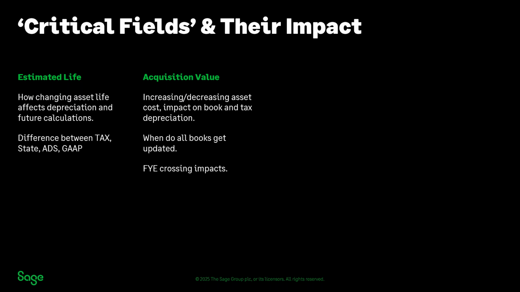Well, you really have to think about how is that going to impact the tax book now that you've already taken the 60% bonus? Because if that adjustment should have been in 24, now you've already messed it up for tax purposes, right? So you really have to be mindful about what's going on in your system. When was this asset placed in service? How is it impacting across all these different depreciation books? And then how should we move forward, right?